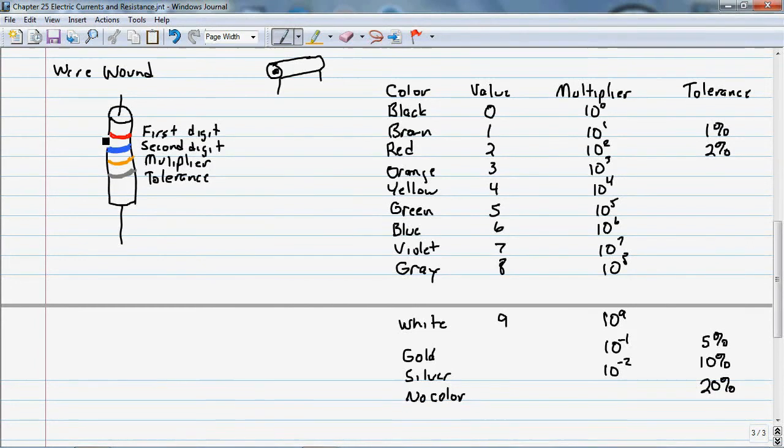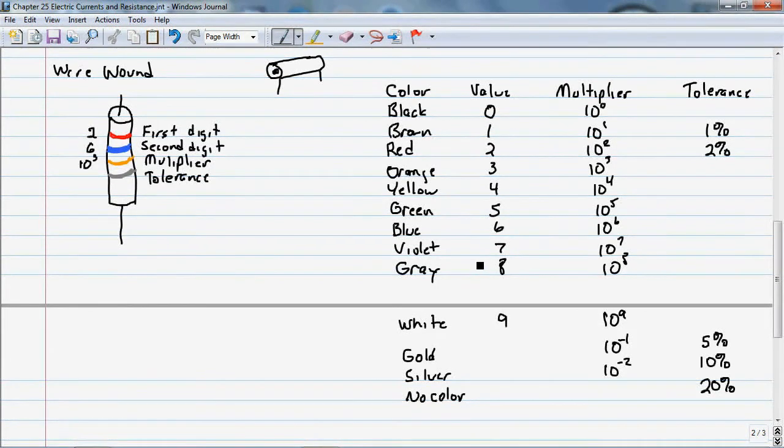So in the case of this resistor, we have red, so red is 2. We have blue, blue is 6. The multiplier is orange, so that's 10 to the third.